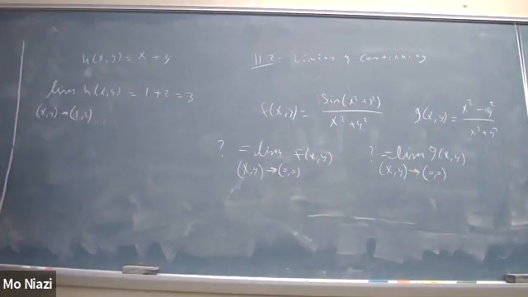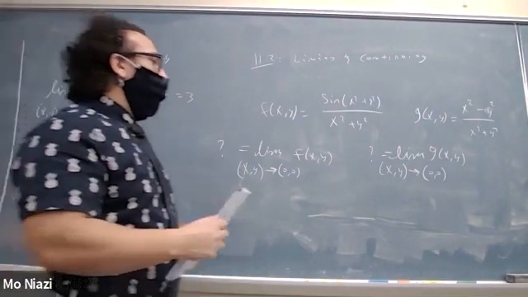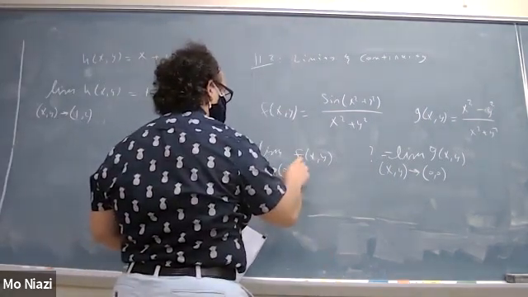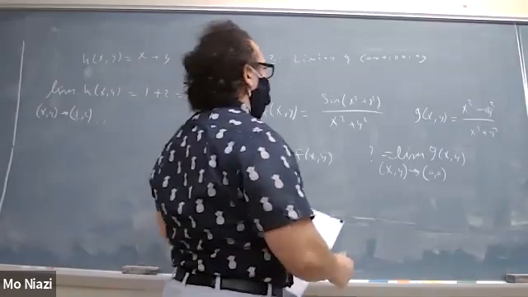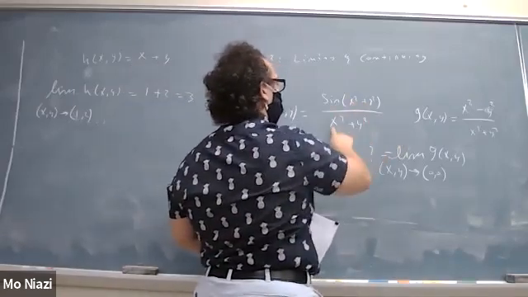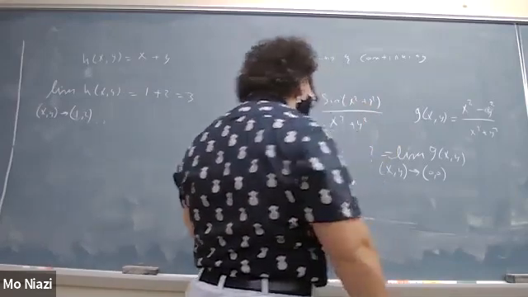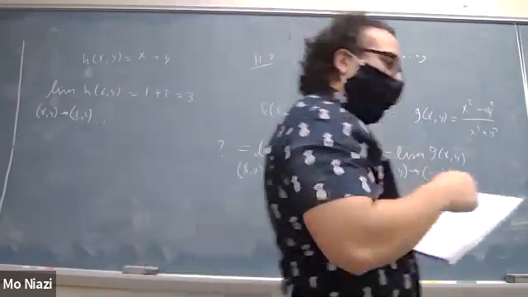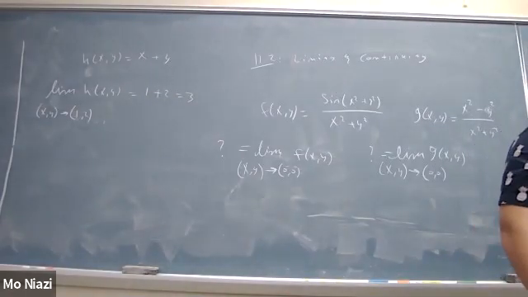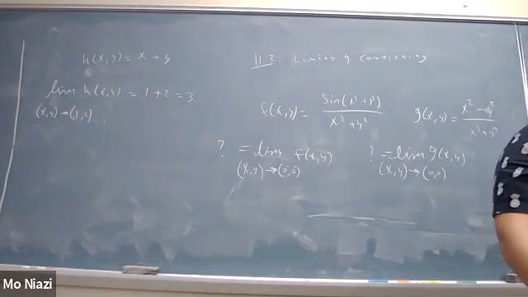Whenever you compute the left-handed limit, approach 0 from the left and 0 from the right for both of these. And whenever you do it from the right and from the left, you can check in your book. They have a table, table 1 and table 2 of 11.2.